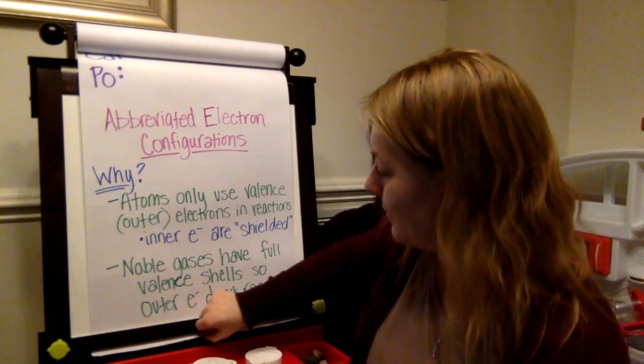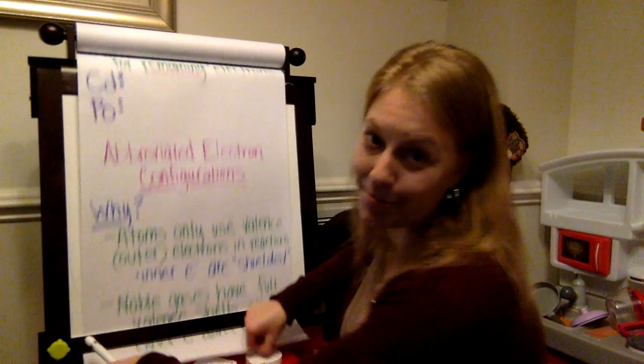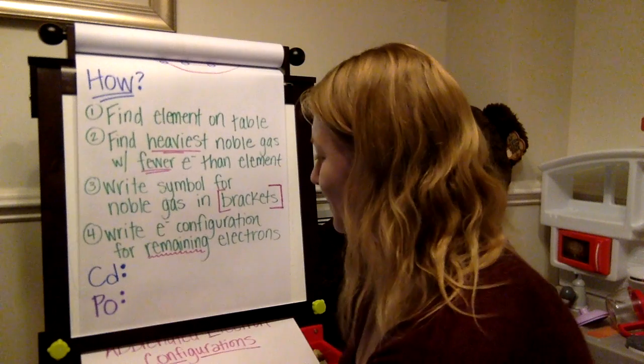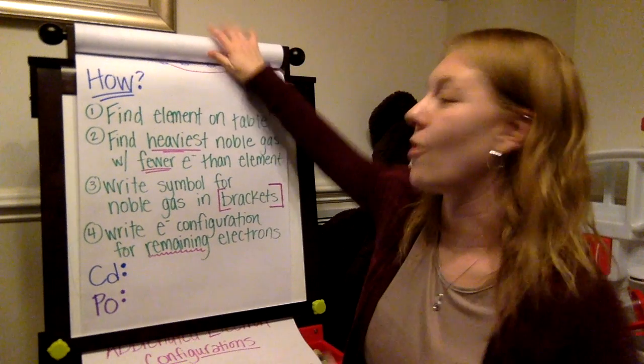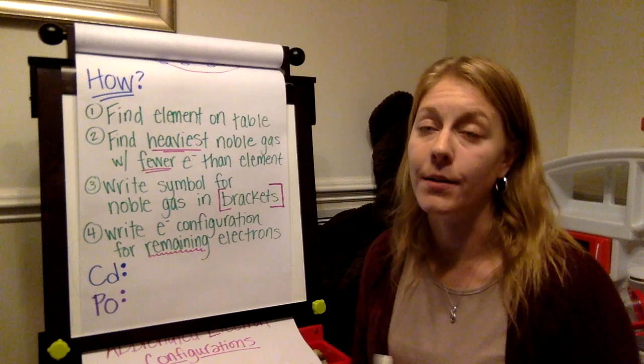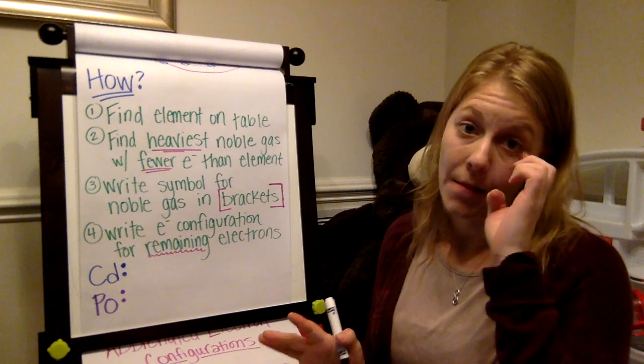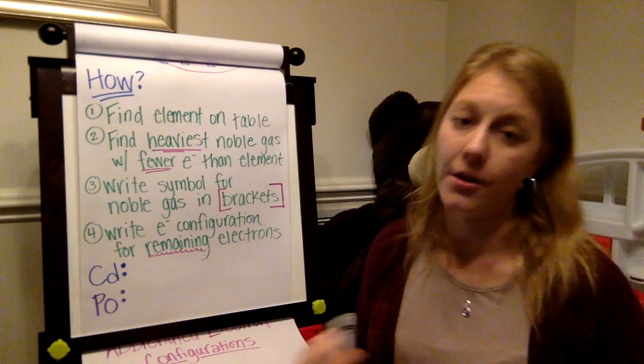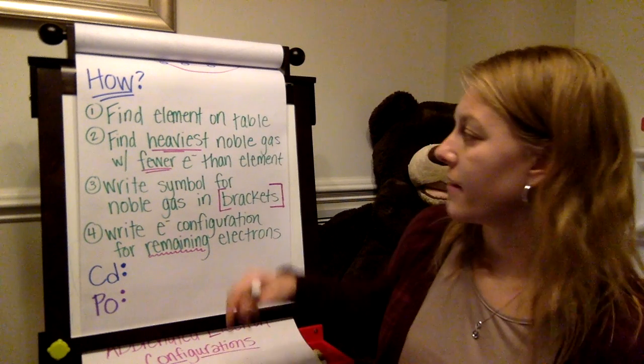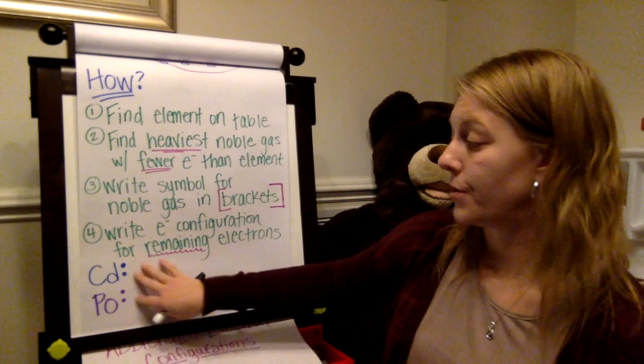I'm going to pull my easel paper down. How are we going to write abbreviated electron configurations? The first thing you're going to do is find the element on the periodic table. I'll walk through these steps and then we'll do two examples.